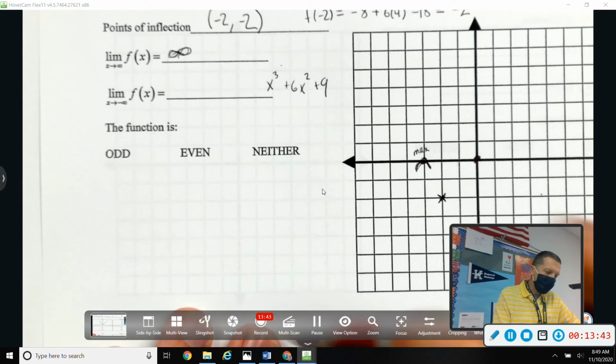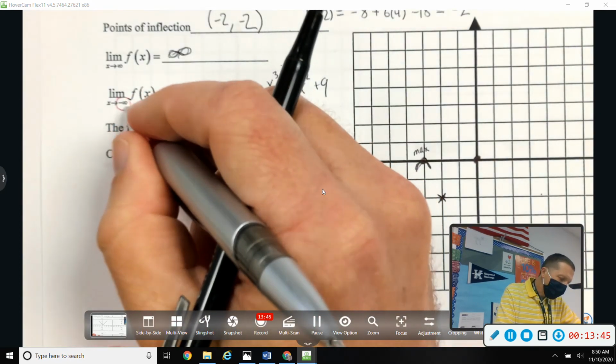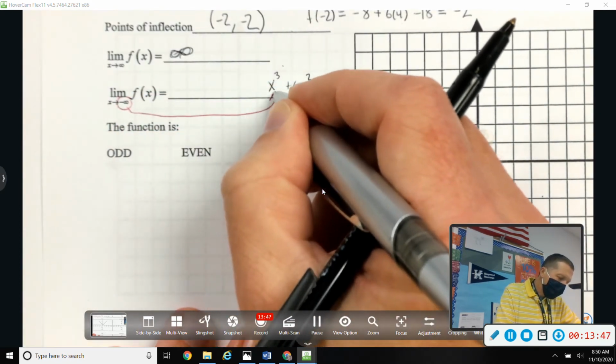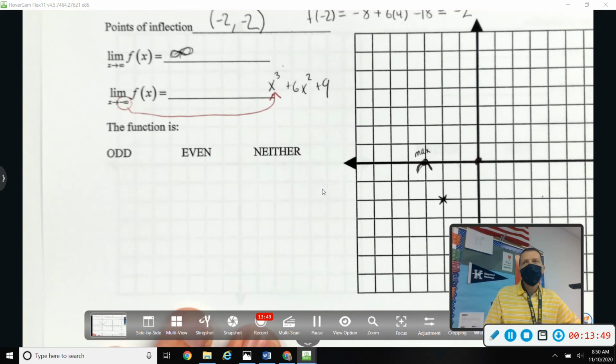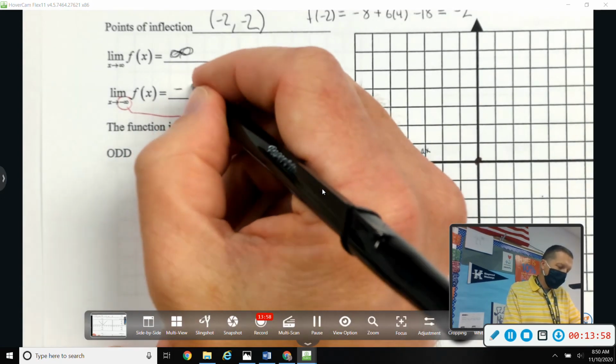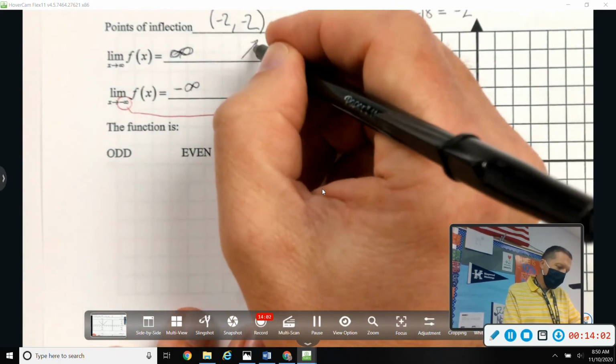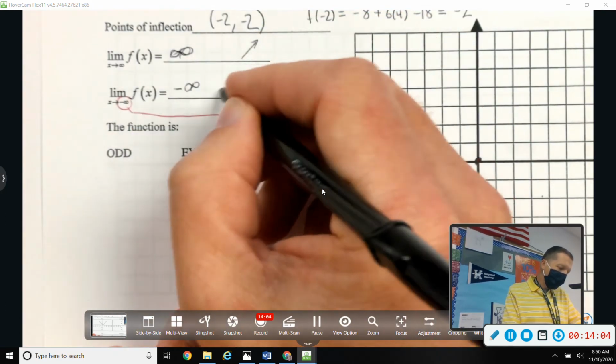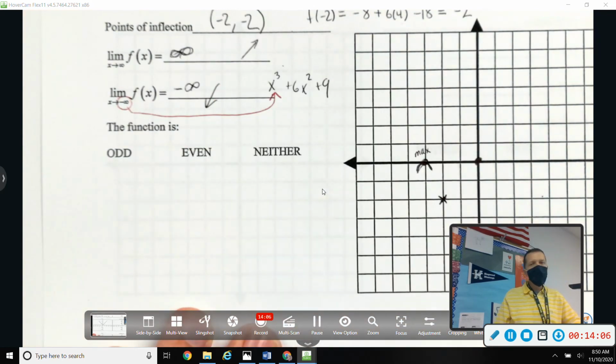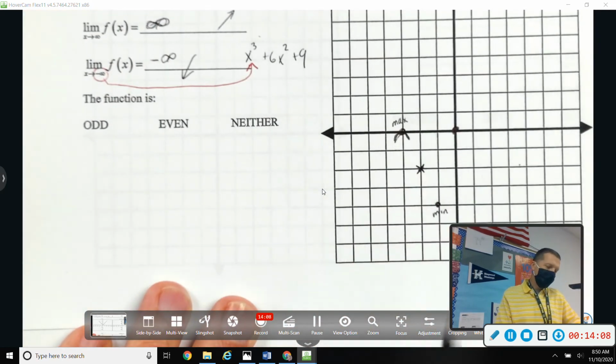If I plug in negative infinity right there, what's this graph headed toward? Positive or negative infinity? Negative infinity. So as we go off on the right end, we're going up. As we go off on the left end, we'd be going down. Well, again, that sort of fits with everything we have.